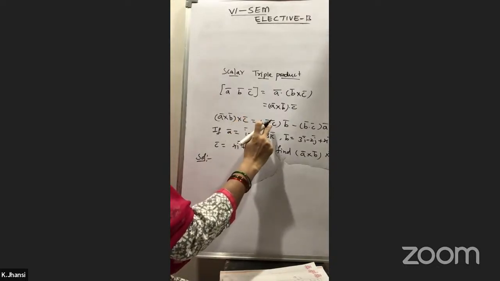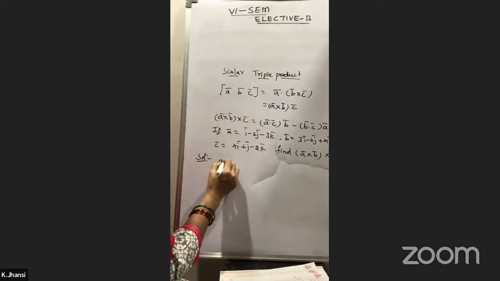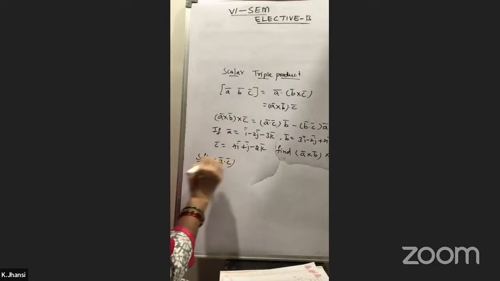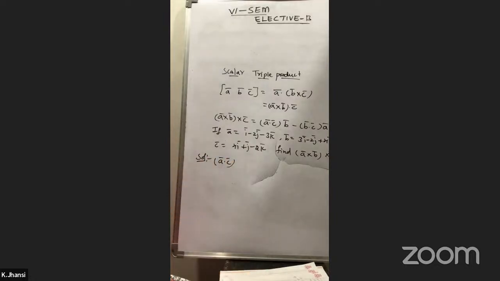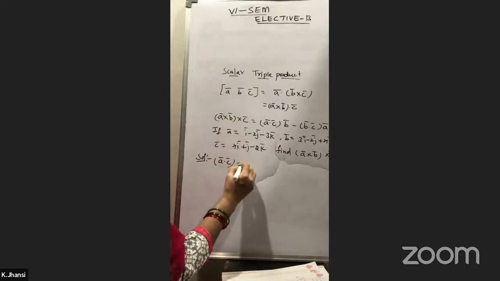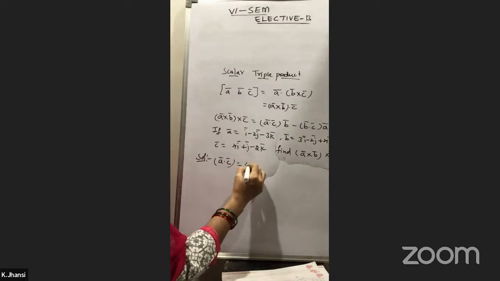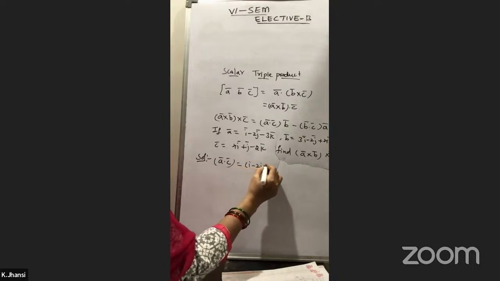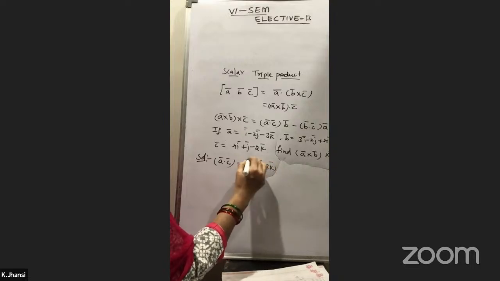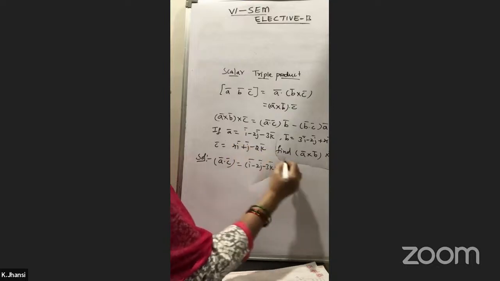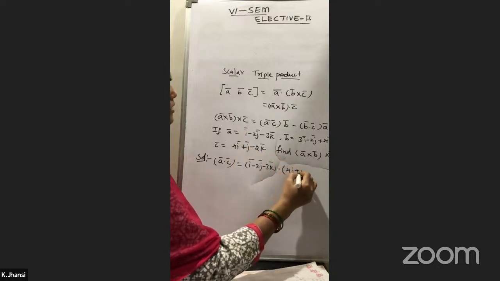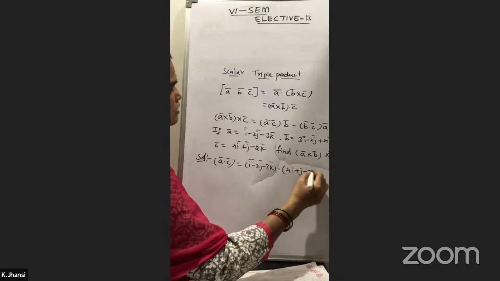First you have to find A dot C. What is A? A is i minus 2j minus 3k, dot C, which is 4i plus j minus 2k.